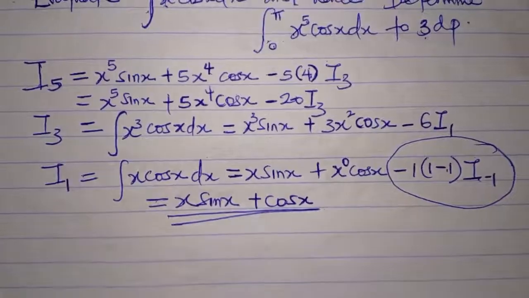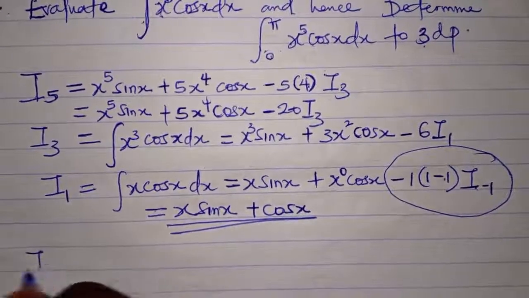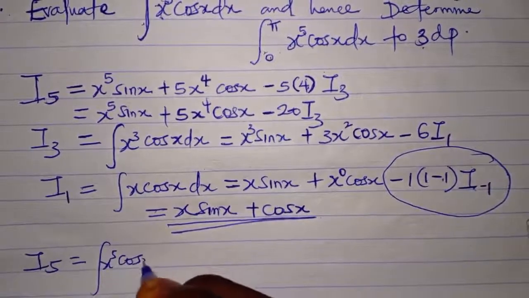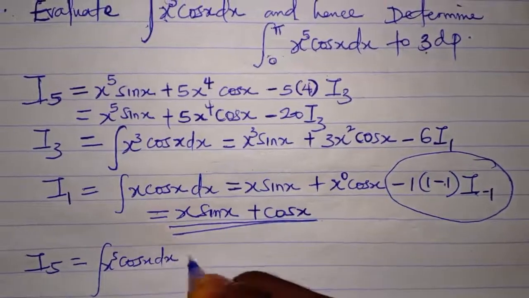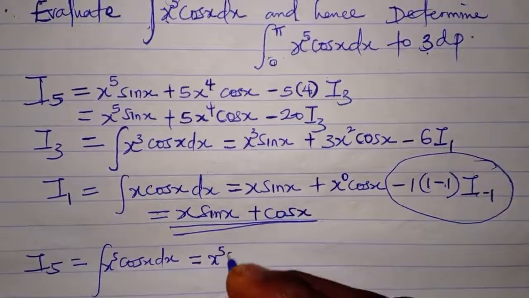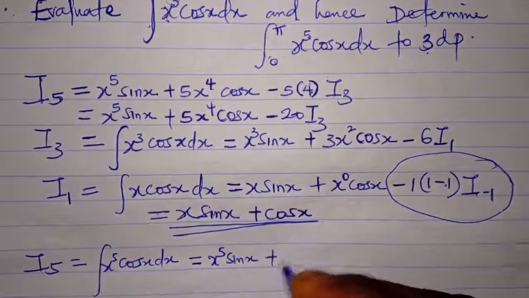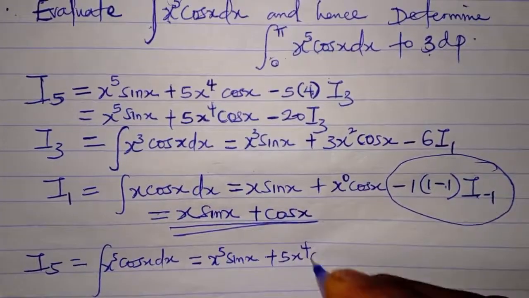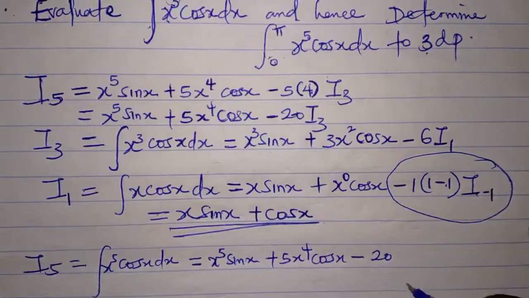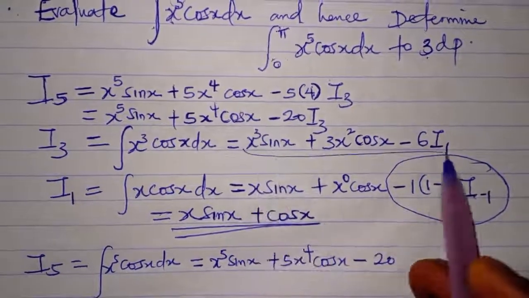So we now say I5, which is the integral of x to the 5th cos x dx, is equal to, this is it, x to the power of 5 sine x plus 5x to the power of 4 cos x minus 20 I3. And what's I3? Everything here is I3.